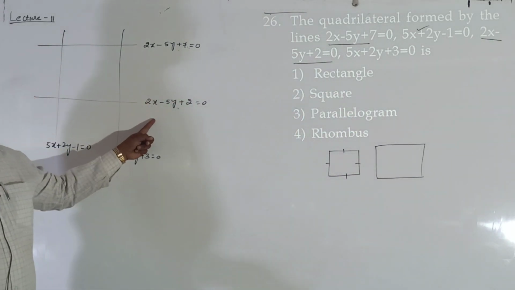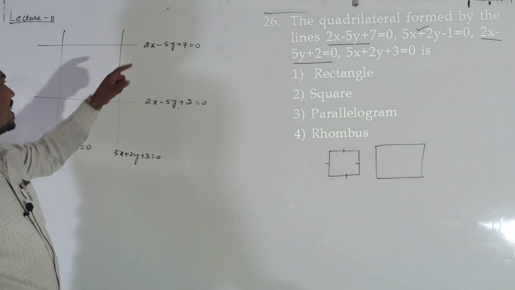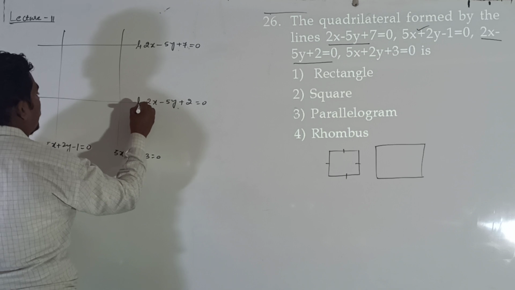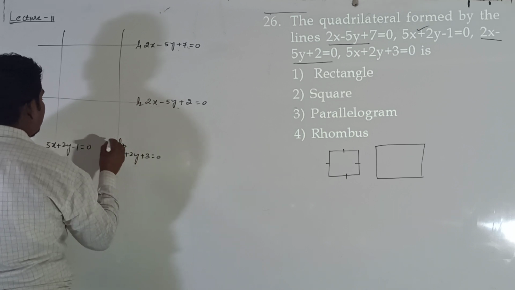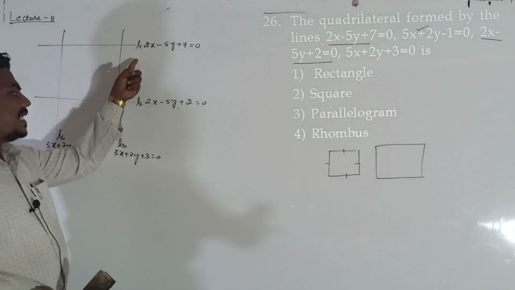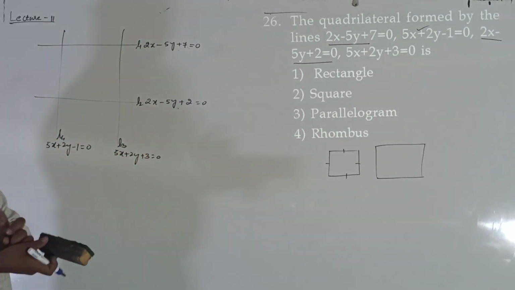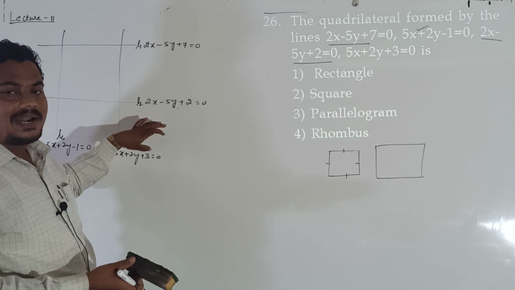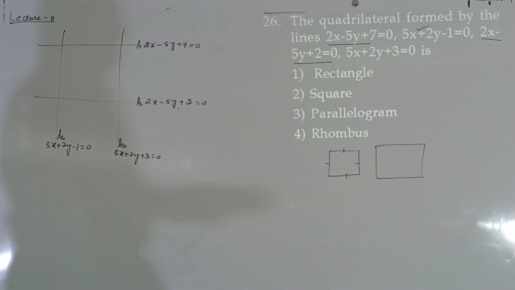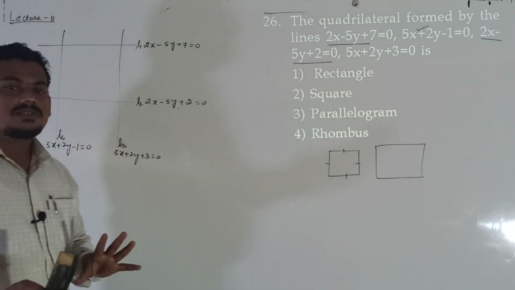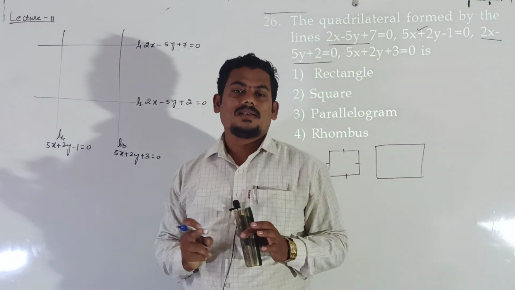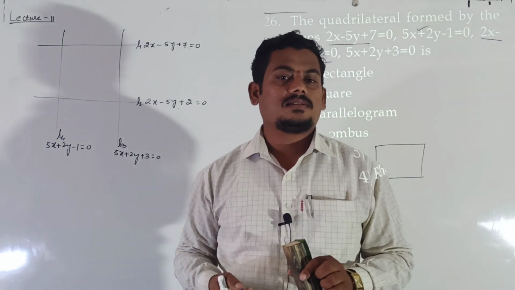Slopes are clearly equal. Take this as line 1, line 2, this is line 3 and line 4. In this figure L1 and L2 are parallel and L3 and L4 are parallel. Parallel means one thing, this quadrilateral may be a square or a rectangle.